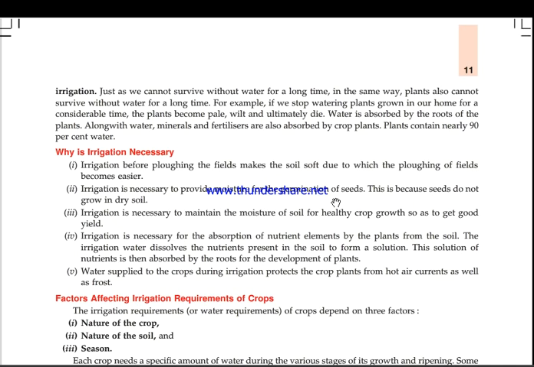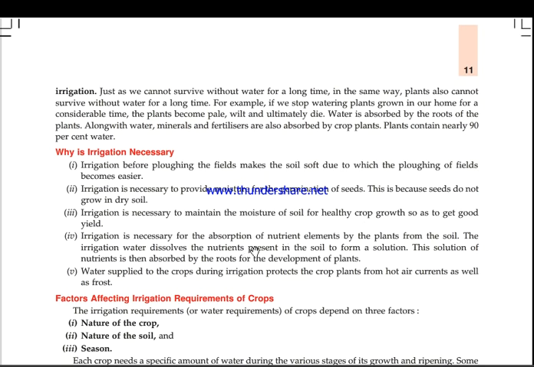That's why a seed grows easily. The next benefit is it also maintains moisture or humidity in the soil to keep the crop healthy, and it gives a good yielding crop.